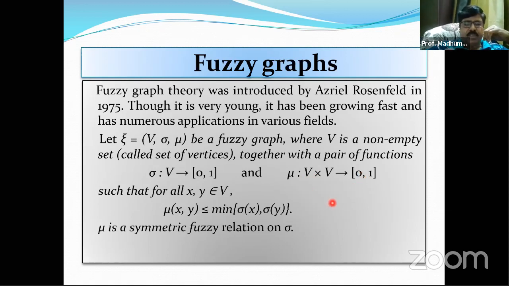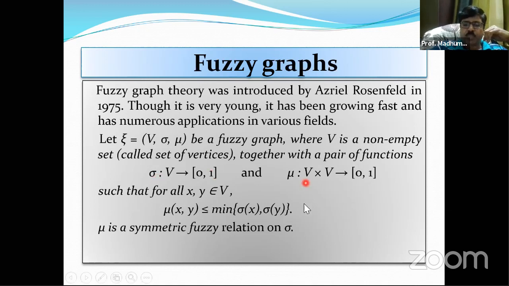That means sigma is associated with each vertex. It represents the degree of appearance or degree of membership of the vertex. Sigma x is the degree of membership of the vertex x in the graph.